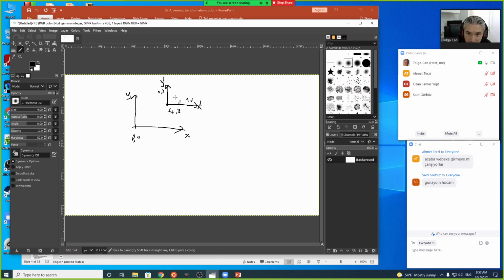Now look at a point that has coordinates 5, 4 in the world coordinate system. In the new camera coordinate system, as you can see, it's 1, 1, right?